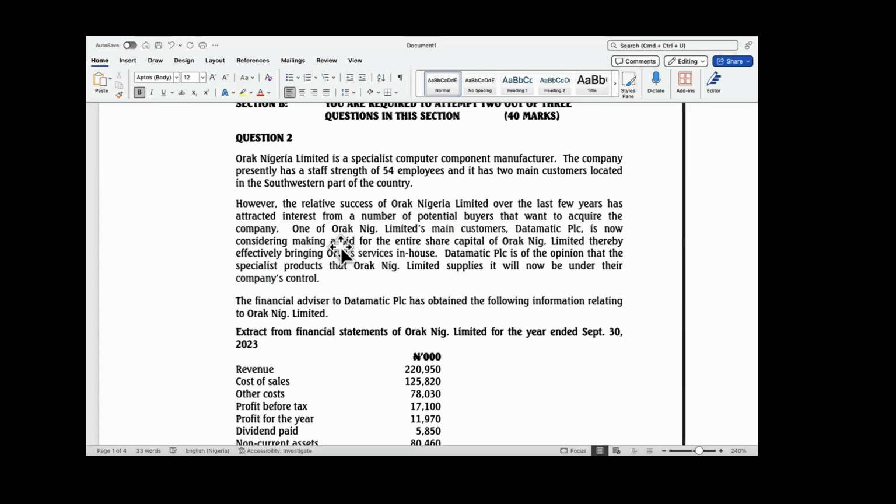One of ORAC Nigeria Limited's main customers, Datamatic PLC, is now considering making a bid for the entire share capital of ORAC, thereby effectively bringing ORAC's services in-house. Datamatics is of the opinion that the specialist products that ORAC Nigeria Limited supplies will not be under their company's control. The financial advisor of Datamatics has obtained the following information relating to ORAC Nigeria Limited.